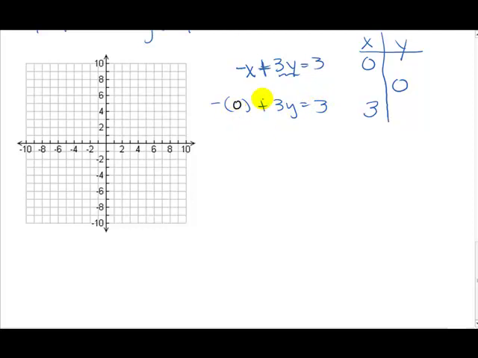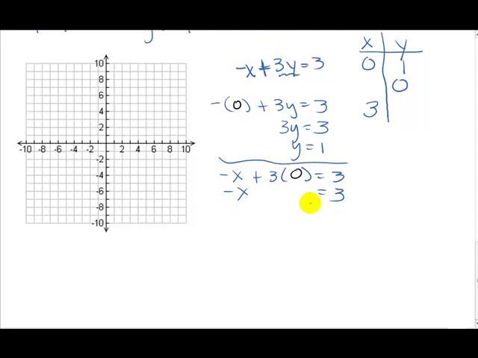then the 0, okay, and then let's do -x plus 3 times y equals 3, 0 for the y this time. Okay, divide by -1.